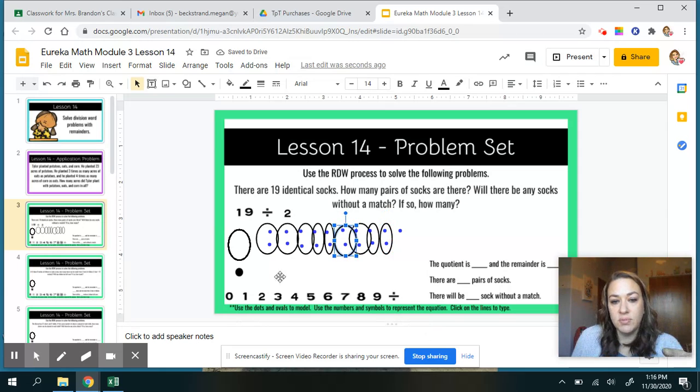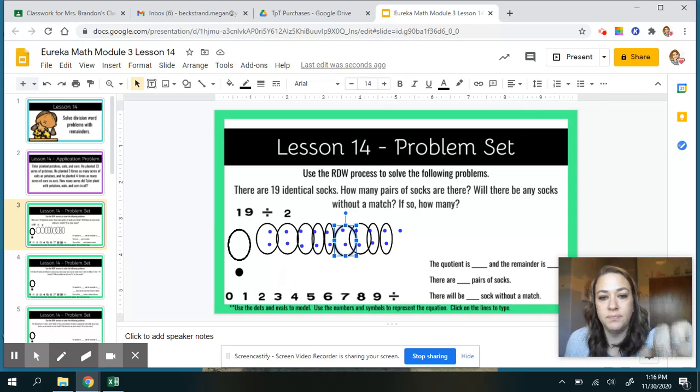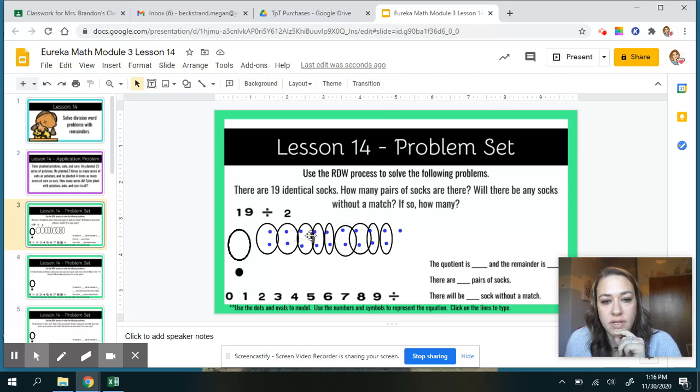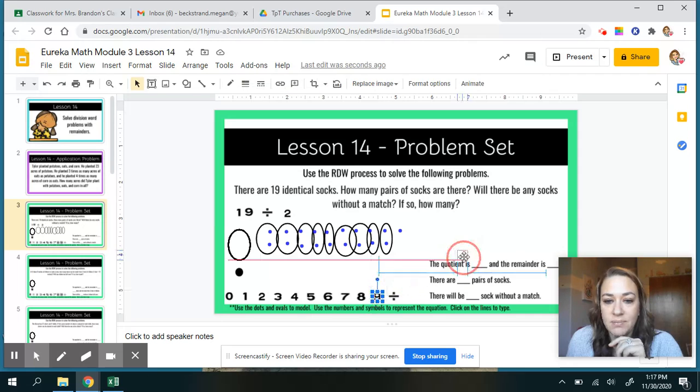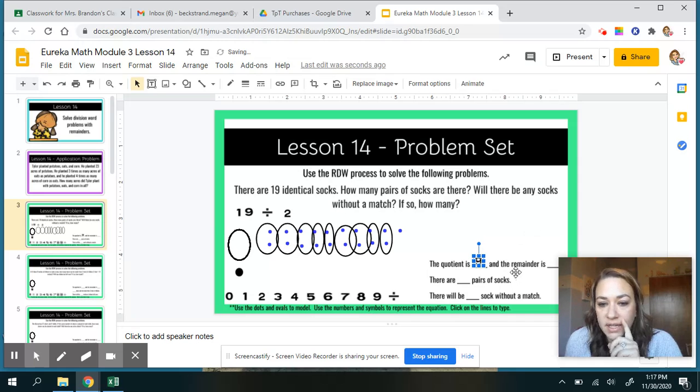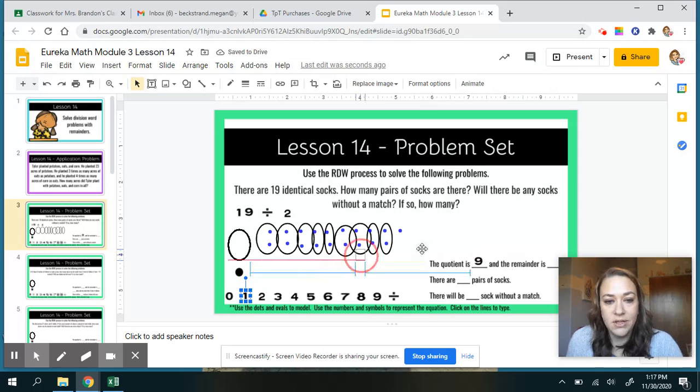So each of those groups is equal to 1 pair. It says, how many pairs of socks are there? Well, let's count and see. So we got 1, 2, 3, 4, 5, 6, 7, 8, 9. We have 9 pairs of socks. So if I come down here, my answer says the quotient is 9. We were able to make 9 equal groups of 2. The remainder is 1. We had one little remainder left over that we couldn't make an equal group.